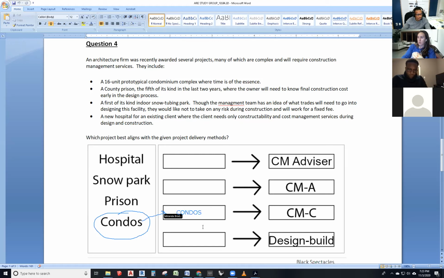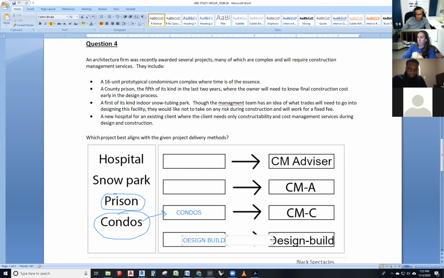And then the prison, the fifth of its kind in the last year, where the owner will need to know the final cost. Well, the final, that would be design bid build, but they don't have a design bid build. I don't think it's an option.